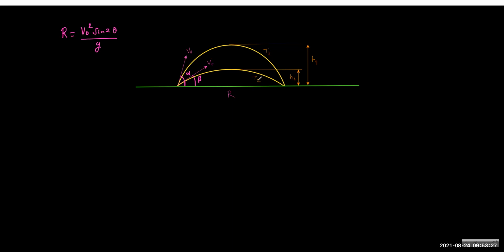Now we have to prove for which two angles they will have the same range. So what is the relationship between alpha and beta? It turns out to be very simple actually. So let me write down the formula like this: V naught square sine 2 alpha by g is the same as V naught square sine 2 beta by g.